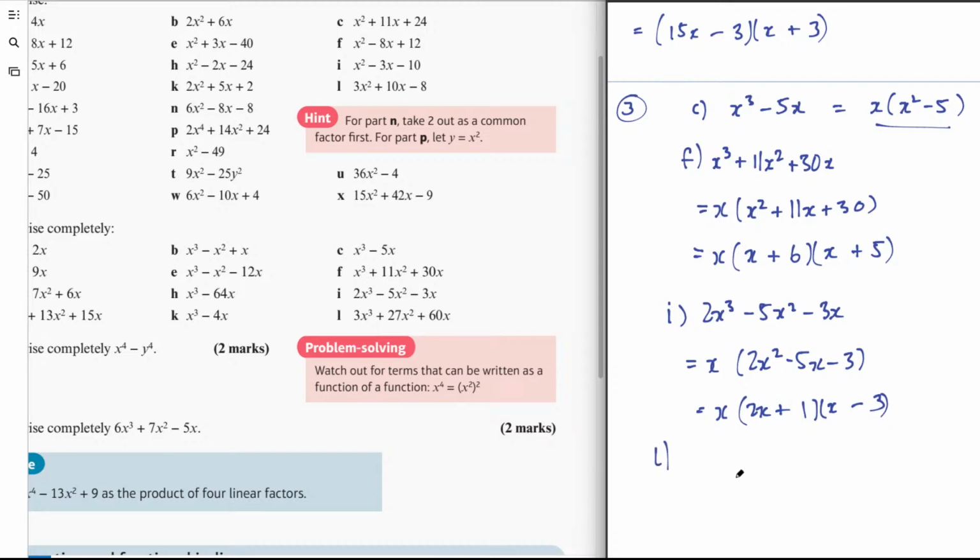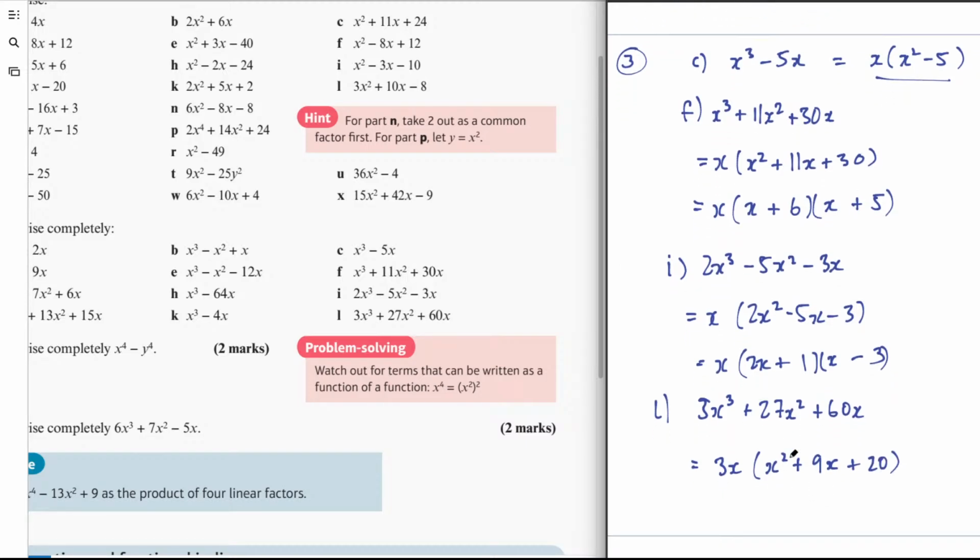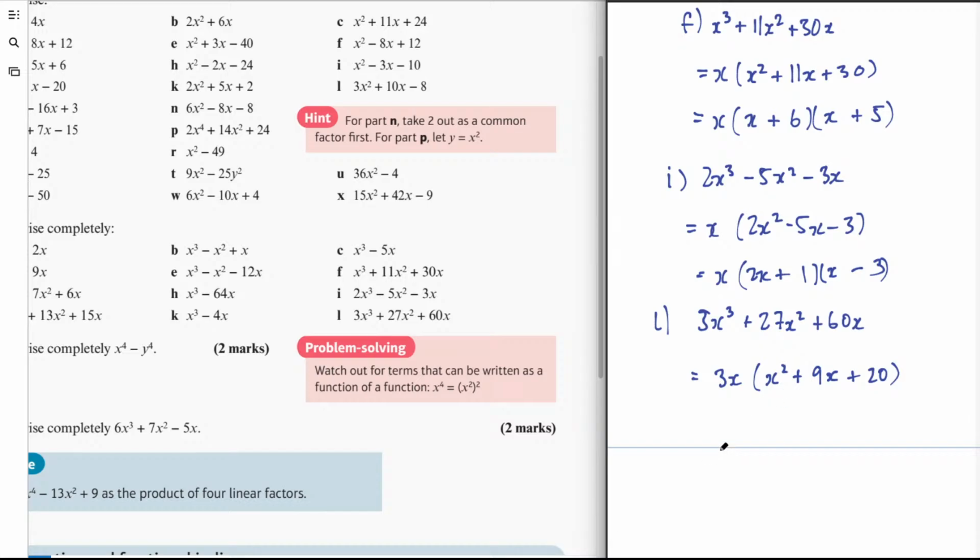Last one in this exercise, 3x cubed plus 27x squared plus 60x. Common factor there of 3x. Then we have x squared plus 9x plus 20. Can we factorize that quadratic?